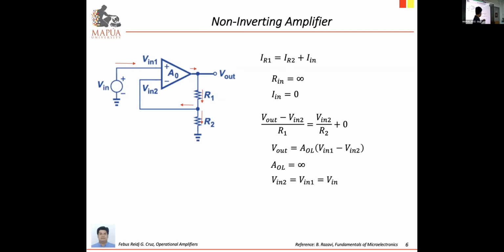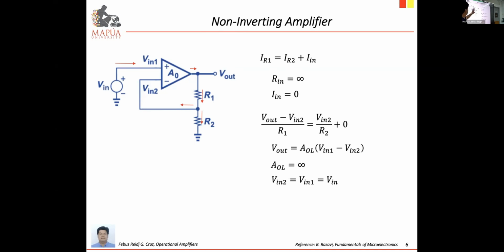That would make V in 2 or V in 1 equal to V in 2. In order for AOL to be infinite, the input voltage must be equal to 0. So that means these two voltages are equal.